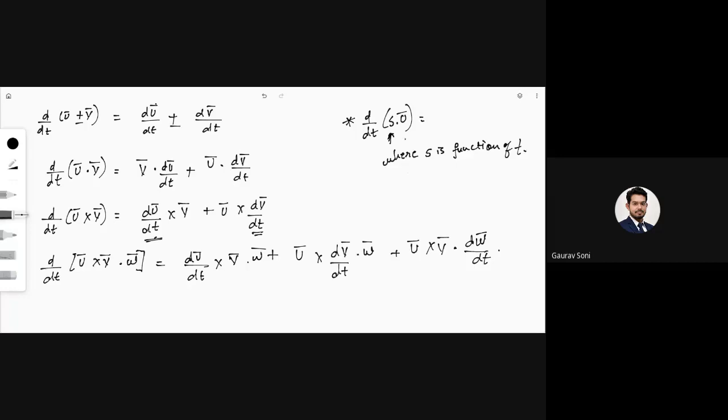I mean to say, it is not a vector, it is a scalar quantity, and this is a vector. But still, since it is a function of t and the vector is also a function of t, we'll have to apply the product rule: s du bar by dt plus u bar into ds by dt.